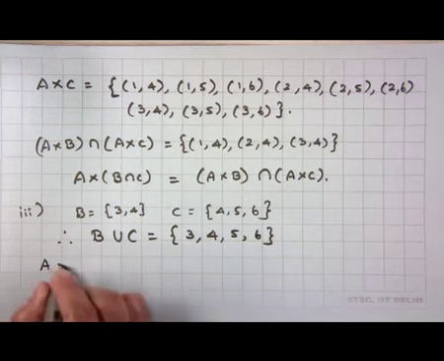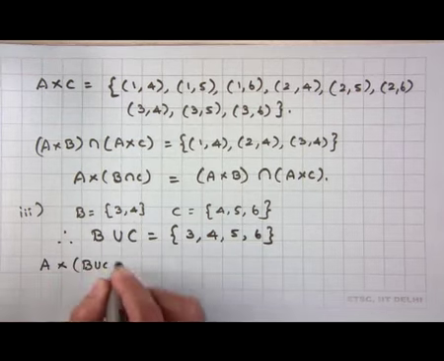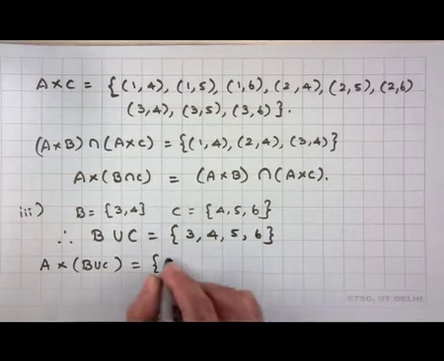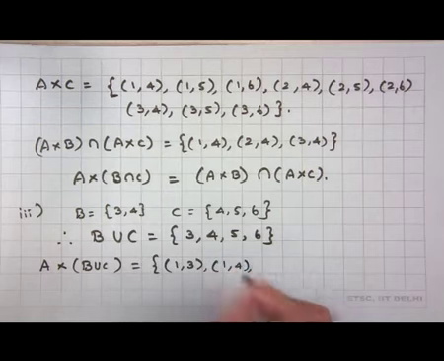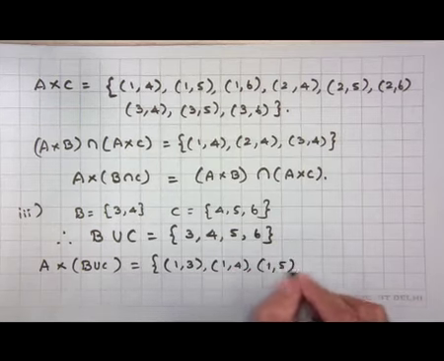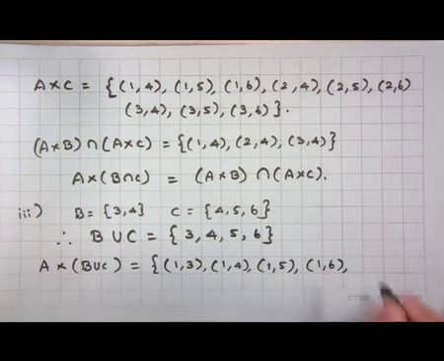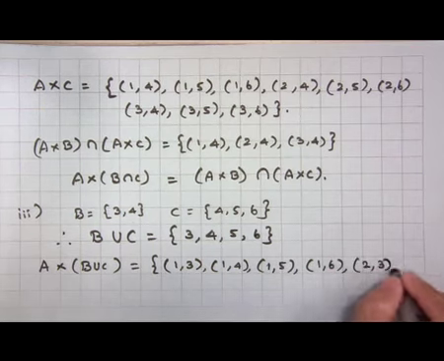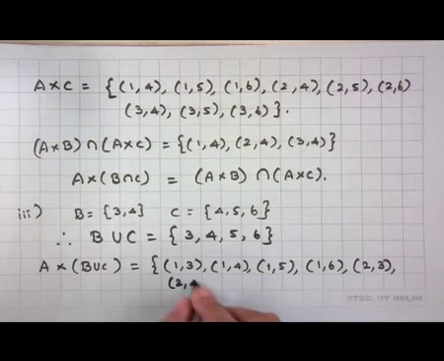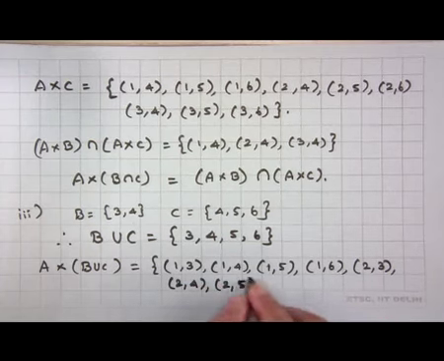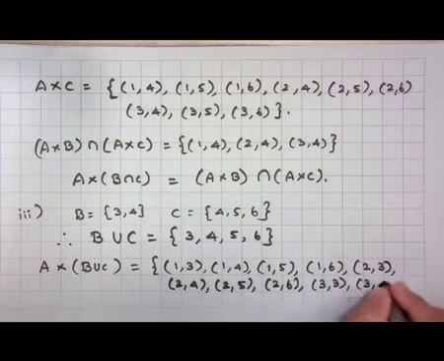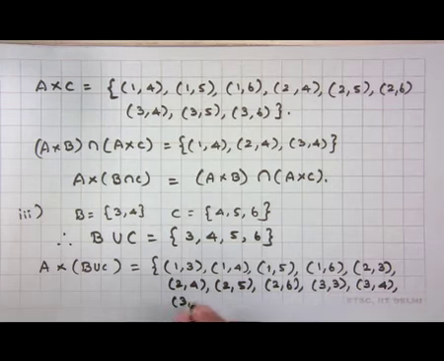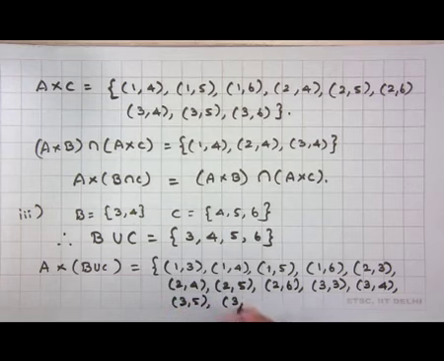Therefore, A cross (B union C) equals the following ordered pairs: (1, 3), (1, 4), (1, 5), (1, 6), (2, 3), (2, 4), (2, 5), (2, 6), (3, 3), (3, 4), (3, 5) and finally (3, 6).